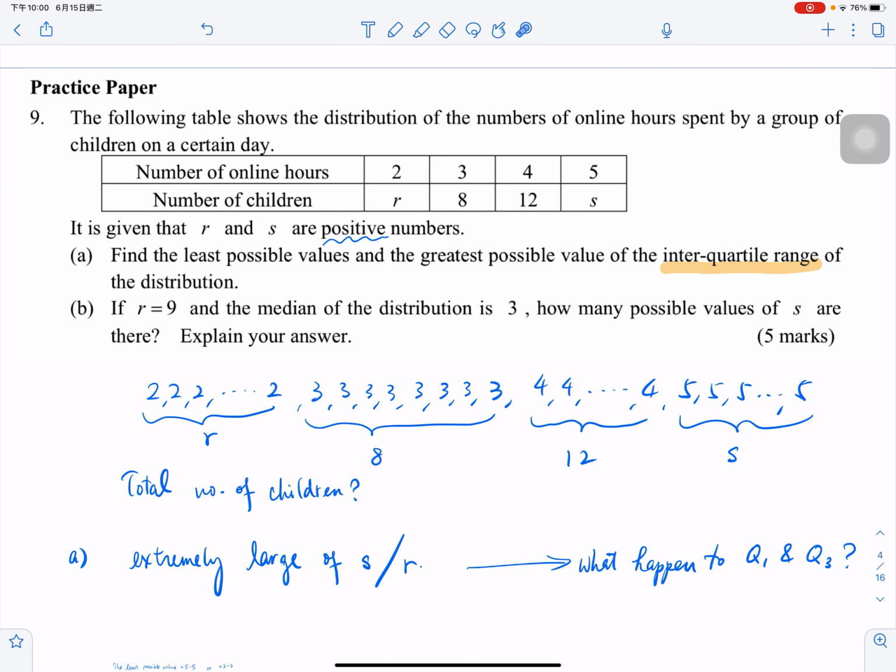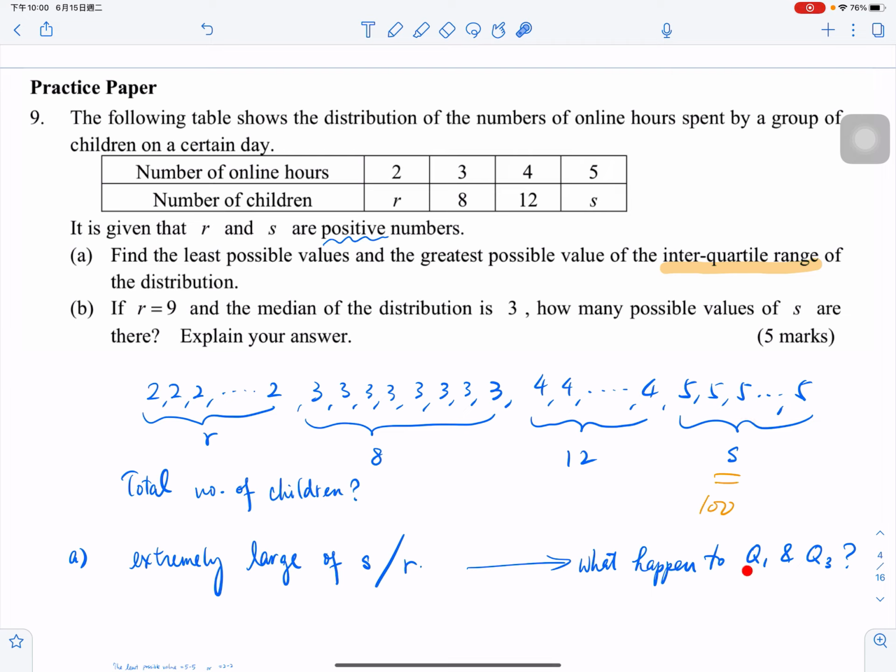So let's think about it. If S or R is extremely large, then what happens to Q1 and Q3? If S is extremely large, for example 100, then Q1 and Q3 will fall in the distribution of 5 hours.